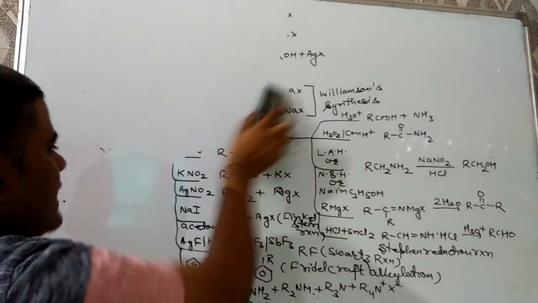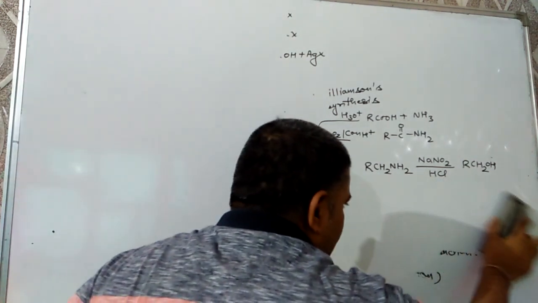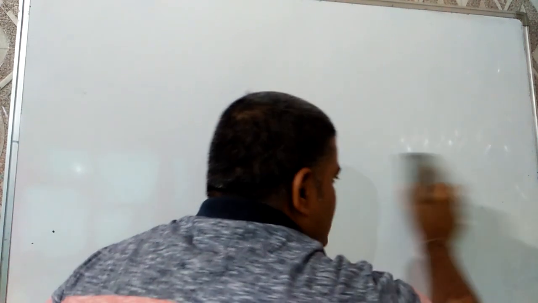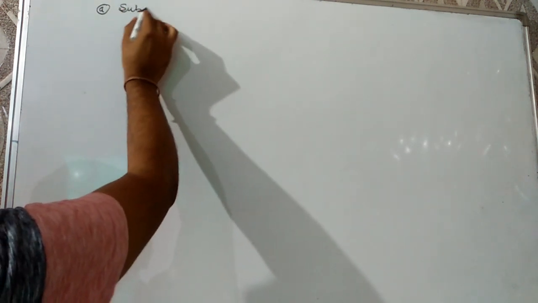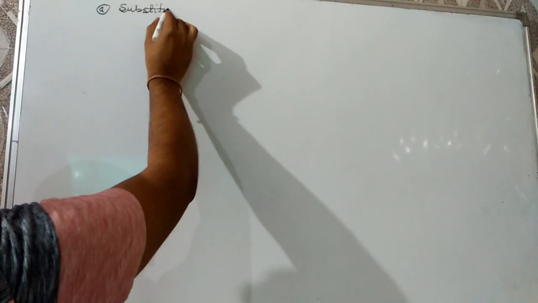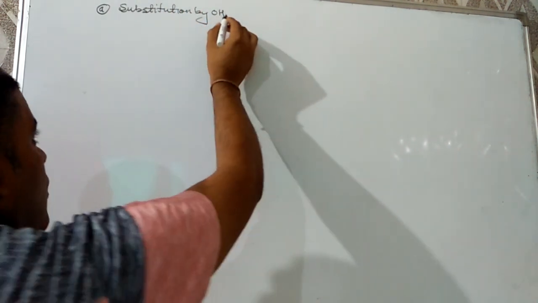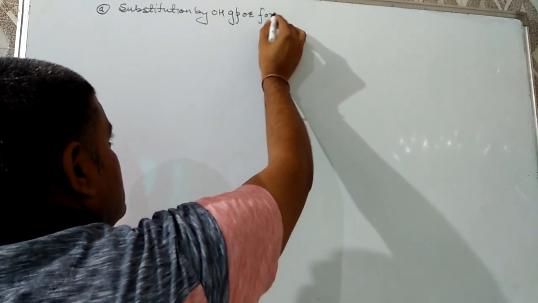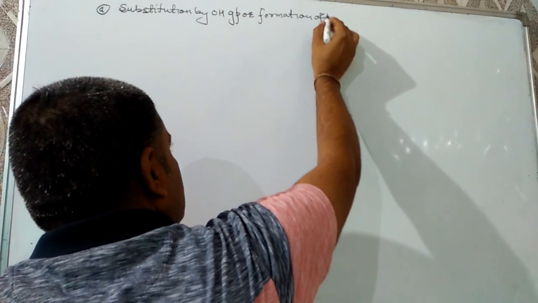First example of nucleophilic substitution is substitution by hydroxy group, or formation of alcohols.